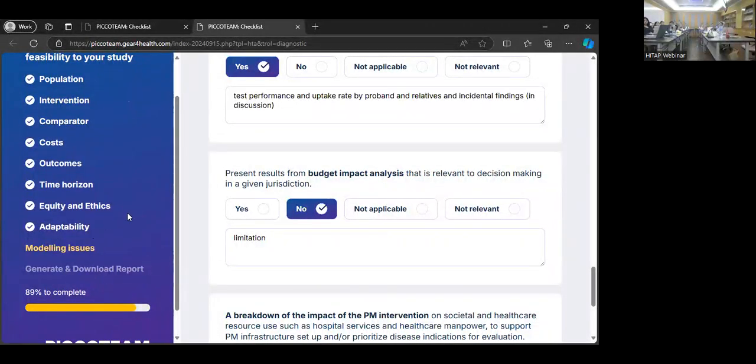And always keep in mind to use generic models and the best quality available data that can be representative to enhance adaptability and address equity and ethics issues in the design of the protocol, where you really truly want to use the genetic tests and discuss them or even quantify the impact.